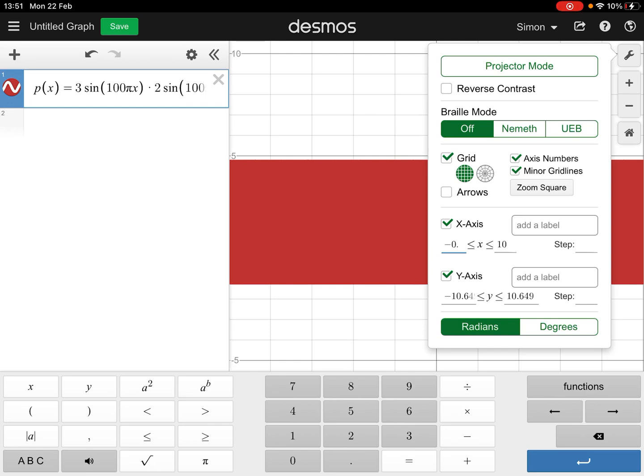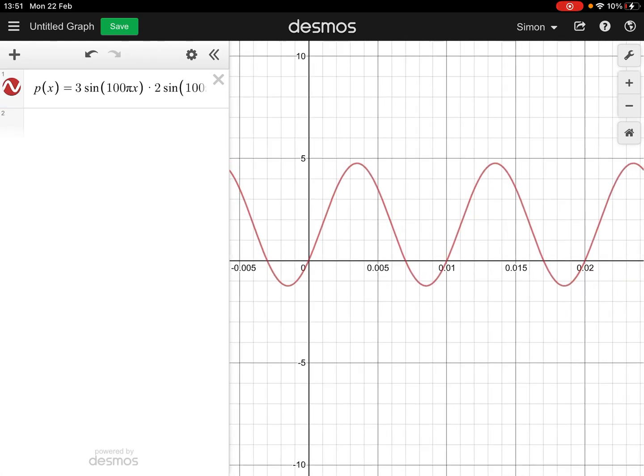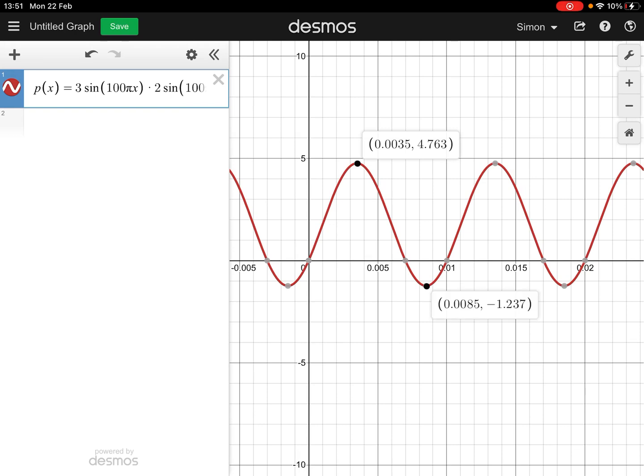And we're getting something like that. So that's what it is, and you can find out all of the relevant points. That's where you're going to get your first maximum and your first minimum, which is what it required you to sketch. And I think most of you did a good job of sketching that.